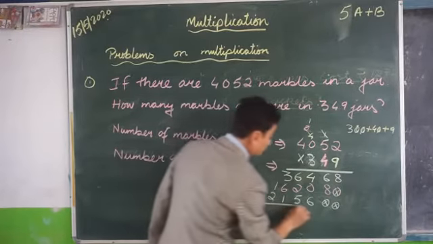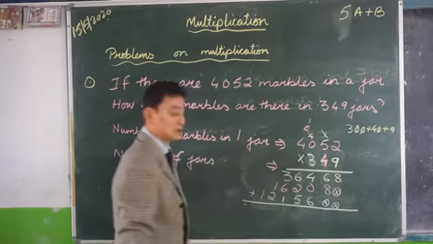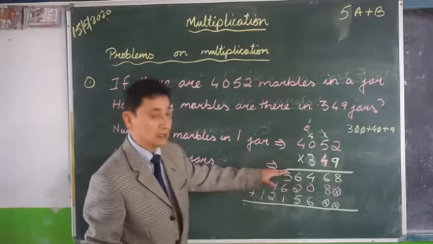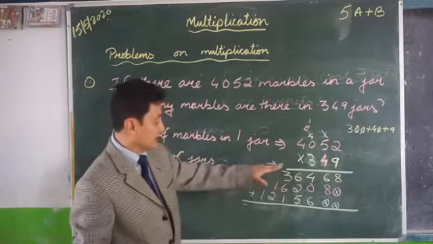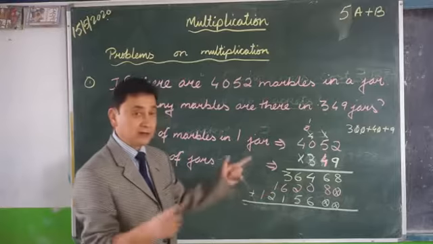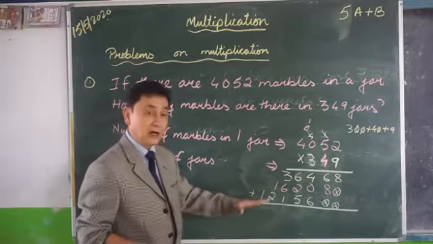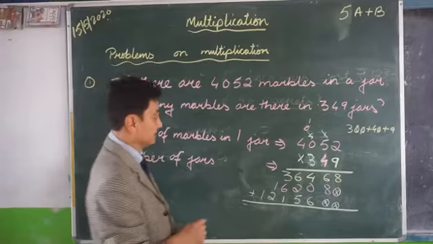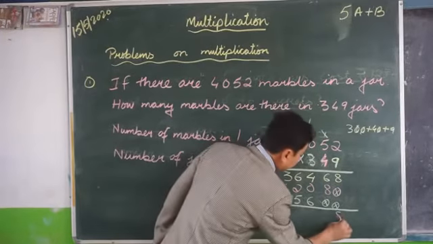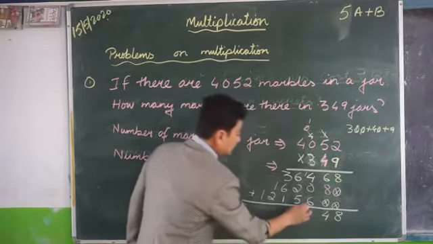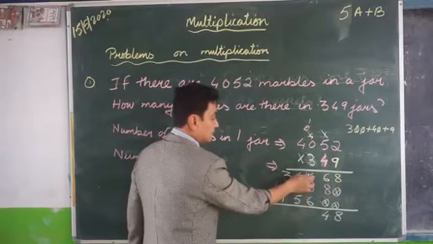So to get the overall answer, what must we do? We must add all these numbers: the first answer, the second answer, and the third answer. And then we will get the overall answer here. So let's add. 8 plus 0 plus 0, 8. 8 plus 6, 14. 6 plus 0, 6. Plus 4, 10.